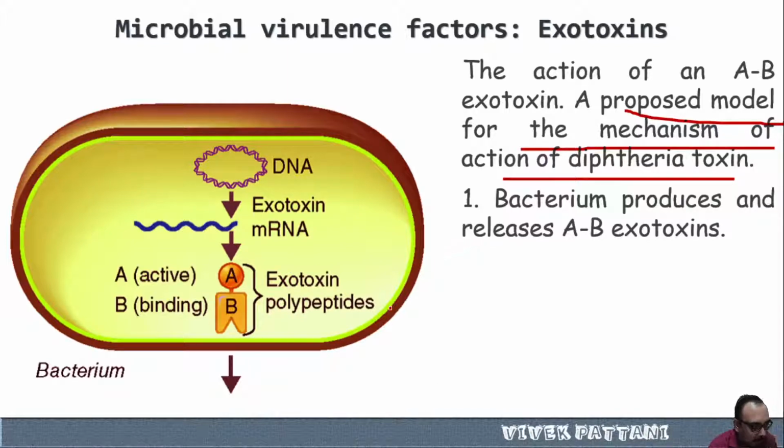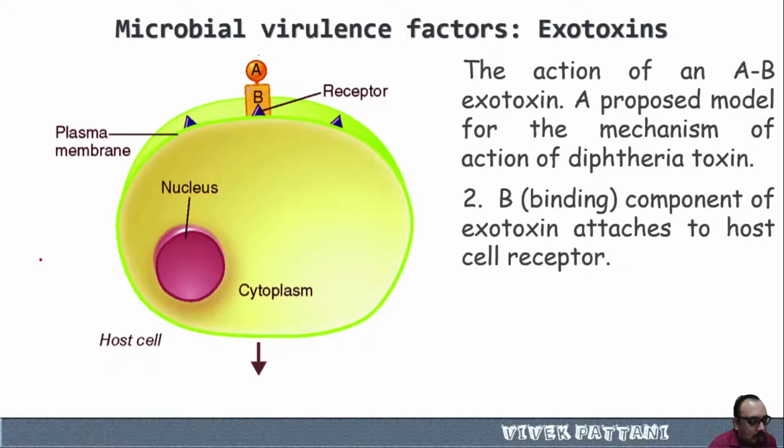A bacterium produces an exotoxin, where A is the active portion and B is the binding portion. So in the first scenario, a bacterium produces and releases AB toxin.